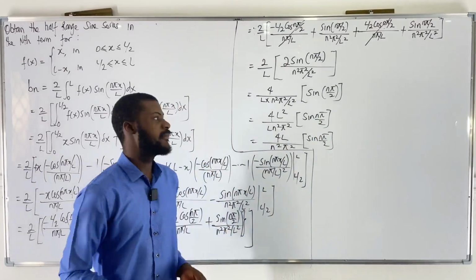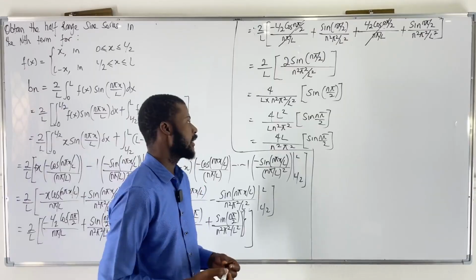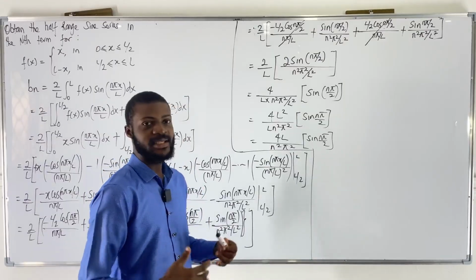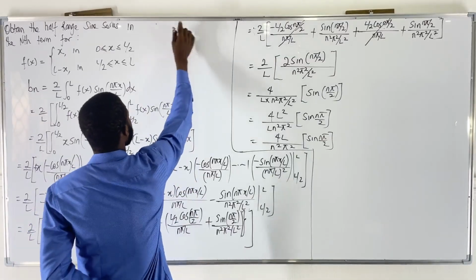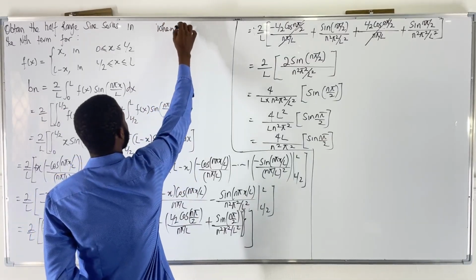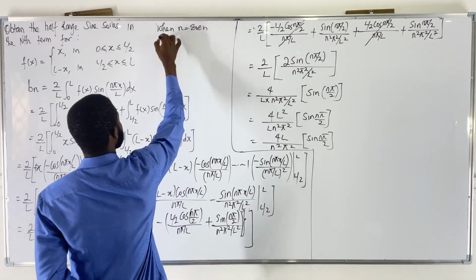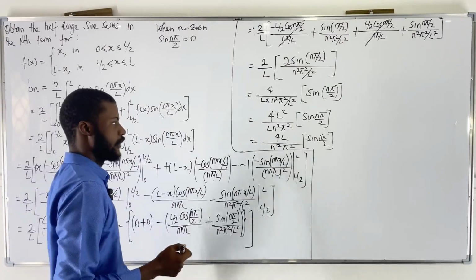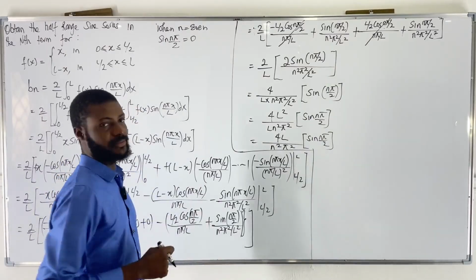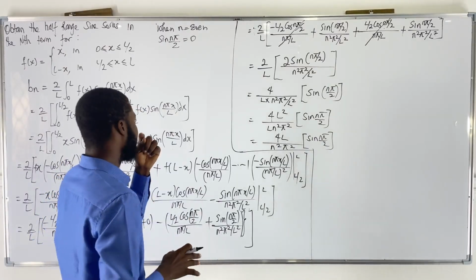Now, sine n pi over 2 behaves in a particular way. So here's the behavior of sine n pi over 2. When n is even, sine n pi over 2 is always 0.